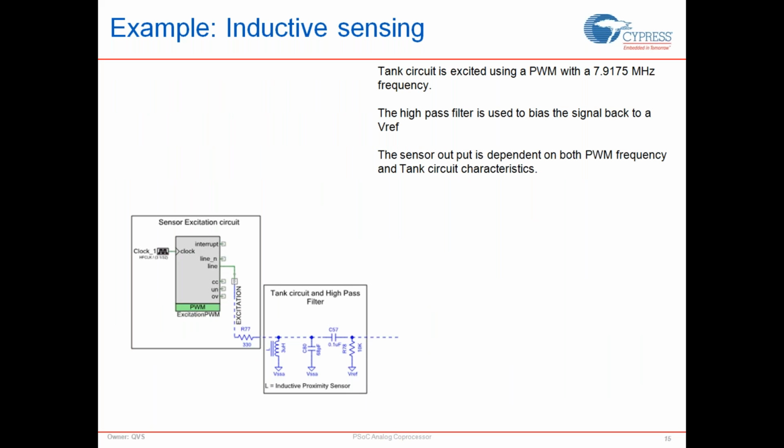For excitation of the circuit, we're going to use a PWM. Now a PWM puts out a square signal, not a sine wave. But we don't worry about that because the nature of the circuit itself is going to filter out the harmonic content of the PWM's square wave.